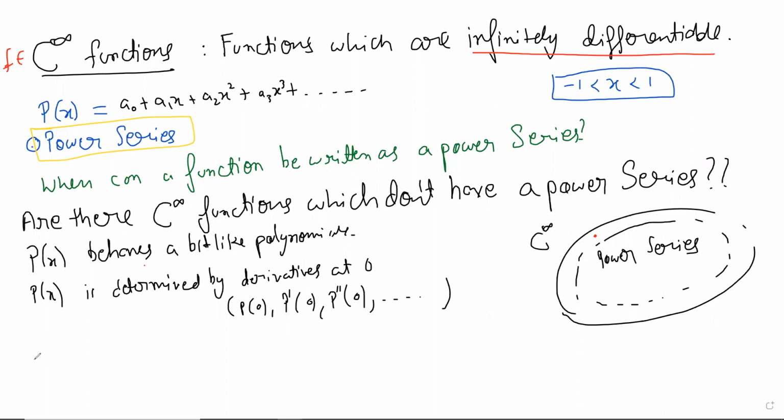So the question is, does there exist an interval a comma b such that p is zero on a comma b, and px itself is not zero?